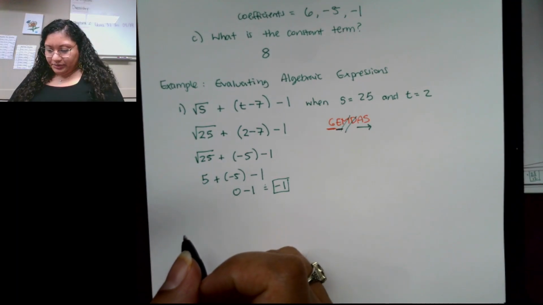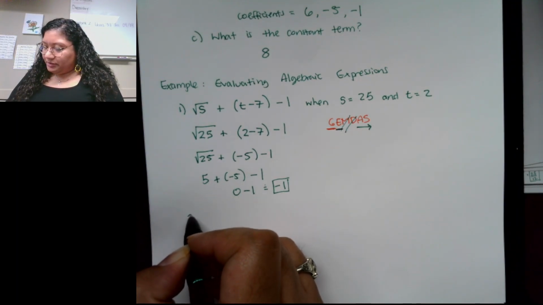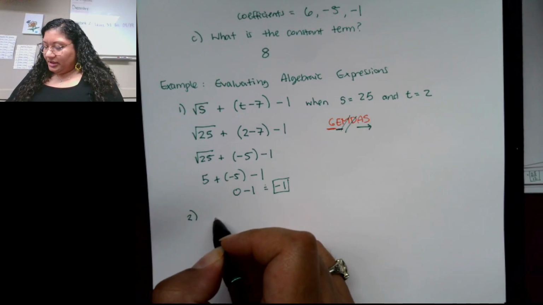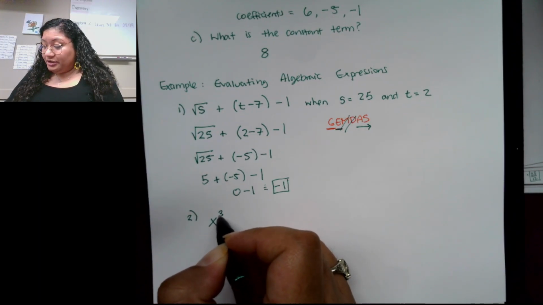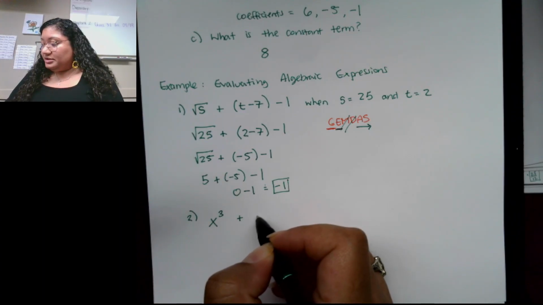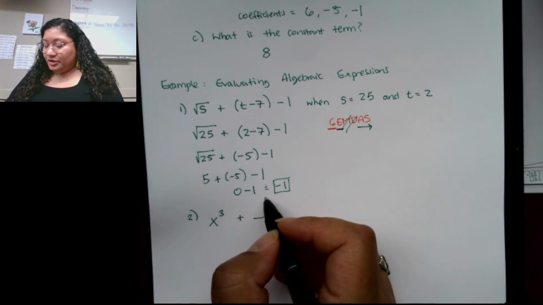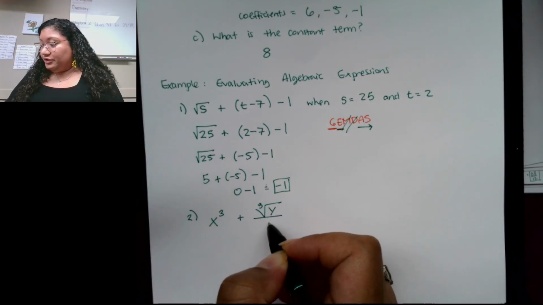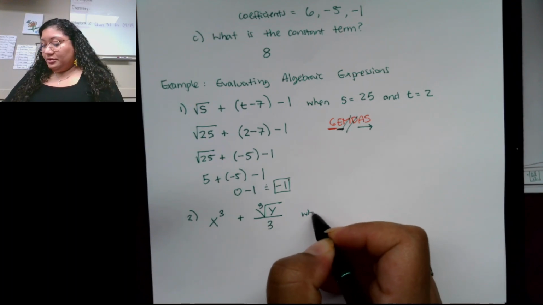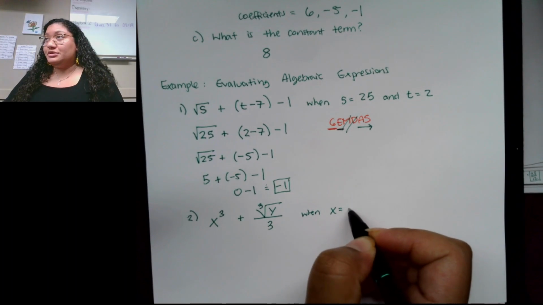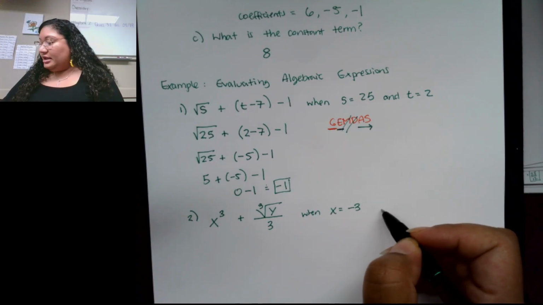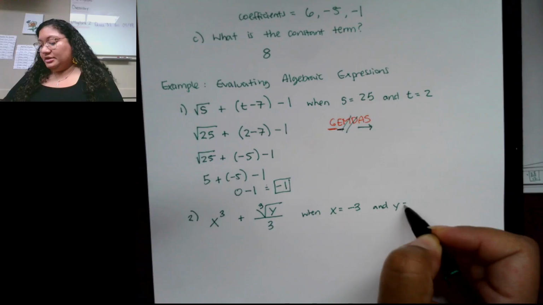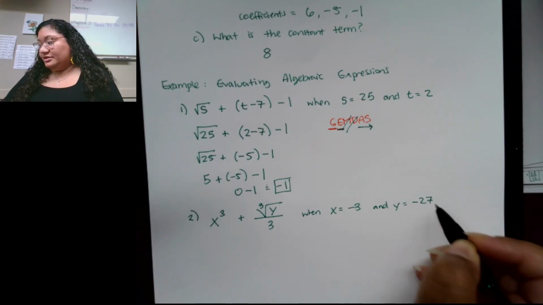Let's do one more. Let's see. I got x cubed plus a fraction with the cube root of y over 3, when x equals negative 3 and y equals negative 27.